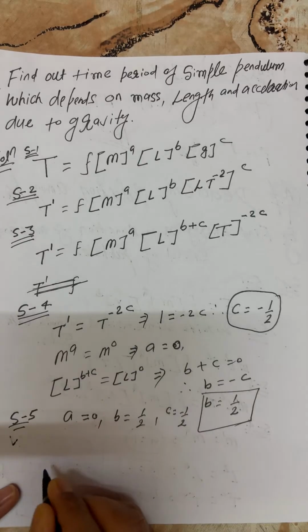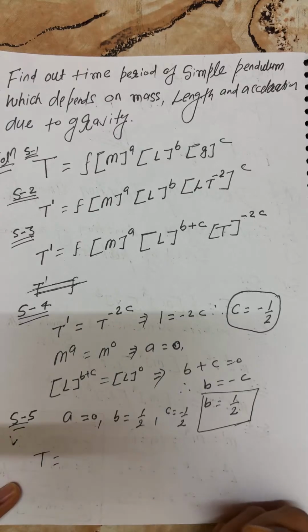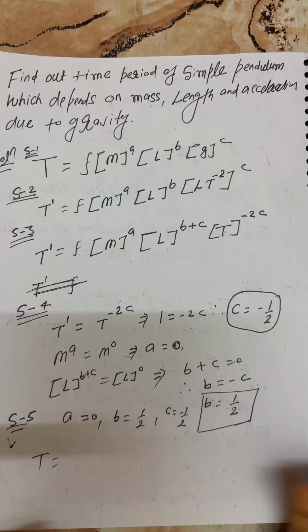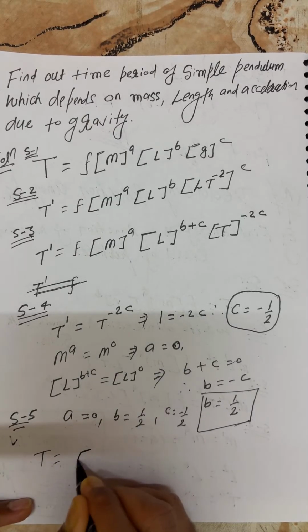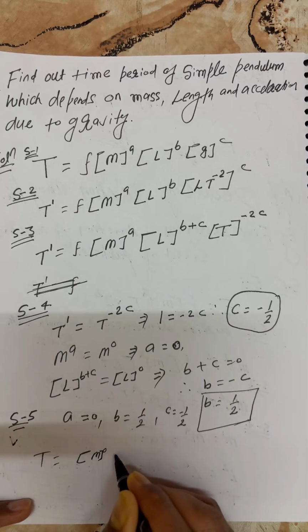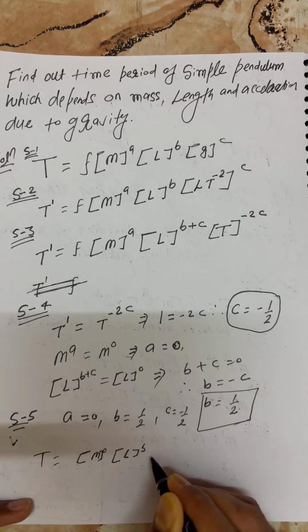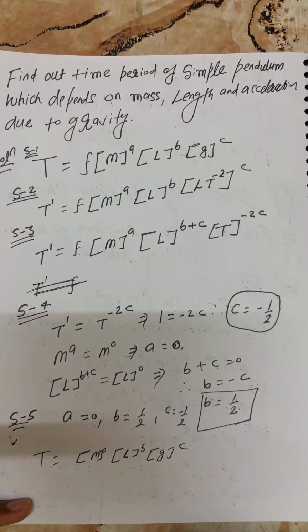So you can write, students, T, beta, instead of function, somewhere here you can say proportional quantity also. So simple here, let it be. You can say m to the power 0, g L to the power b, and g to the power c.